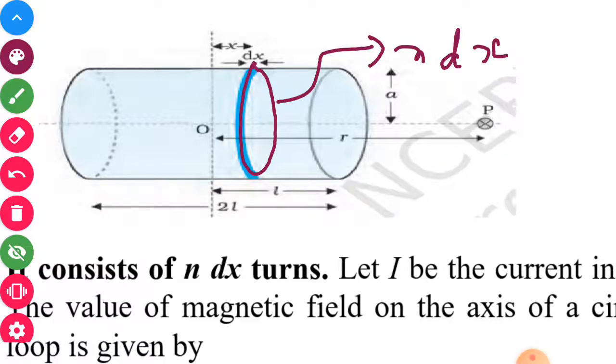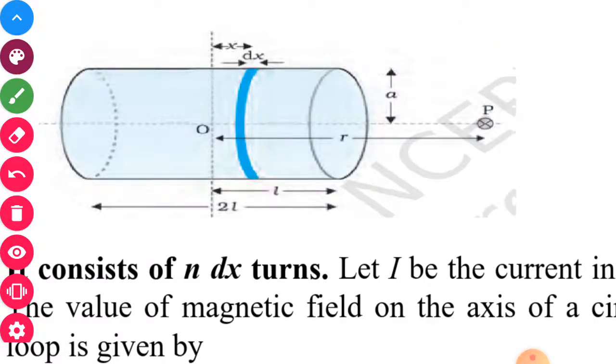What is the magnetic field produced at this point by this current loop, that we shall find, and then we shall take the integration to find the total field. Here this is the central point.